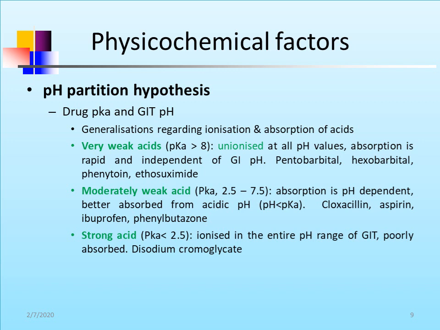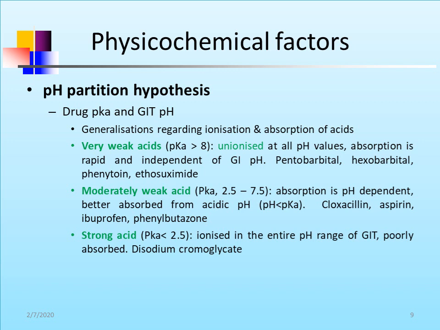It indicates that very weak acids are well absorbed throughout the GIT. In the case of moderately weak acids with a pK of 2.5 to 7.5, like cloxacillin, aspirin, ibuprofen and phenylbutazone, absorption is pH dependent; they are present in unionized form at an acidic pH and hence are absorbed well in an acidic environment.